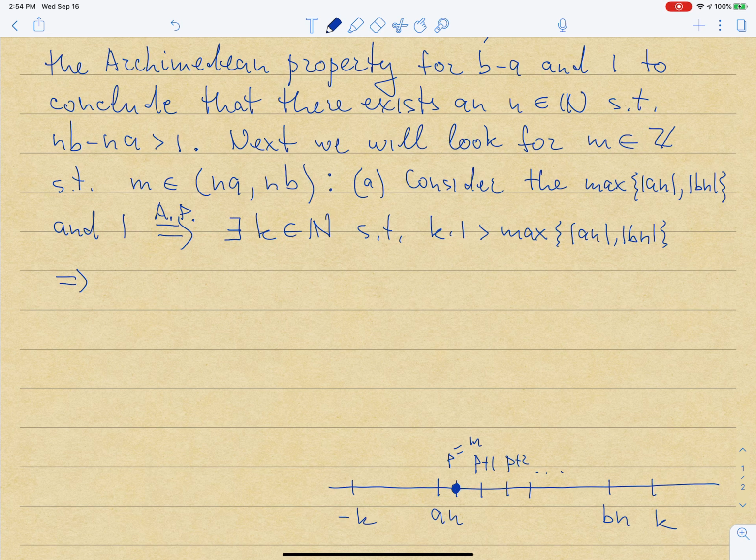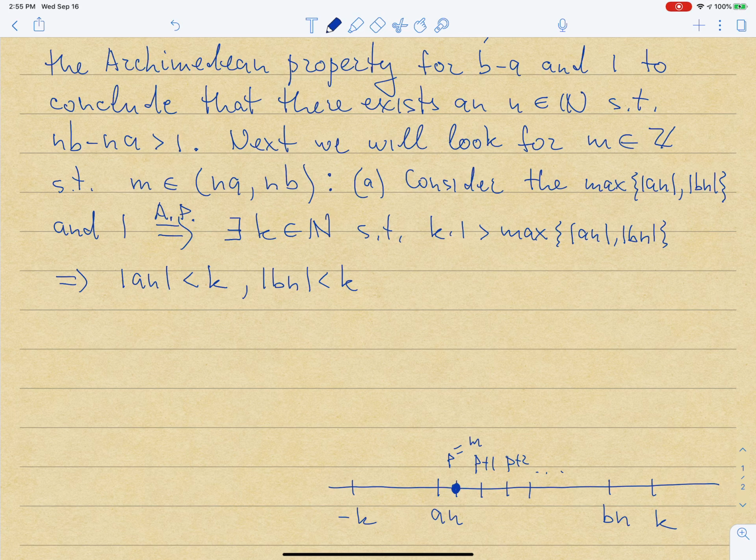But we do know then that first of all, absolute value of an is going to be less than k, and absolute value of bn is going to be less than k. Right? That we do know because their maximum is less than k. So once again, k is now a known number. We actually don't know what it is, but the Archimedean property tells us that this number exists, so it's as good as known.